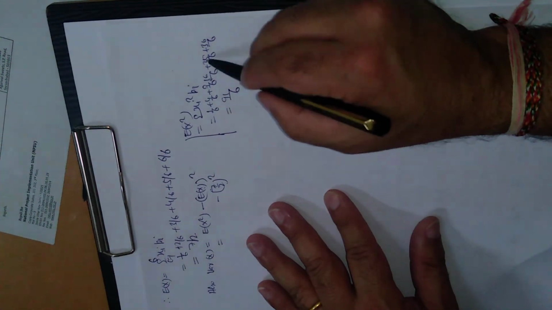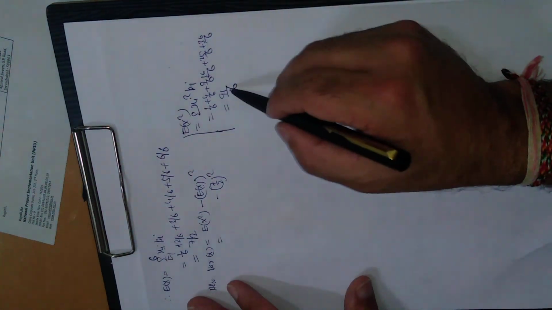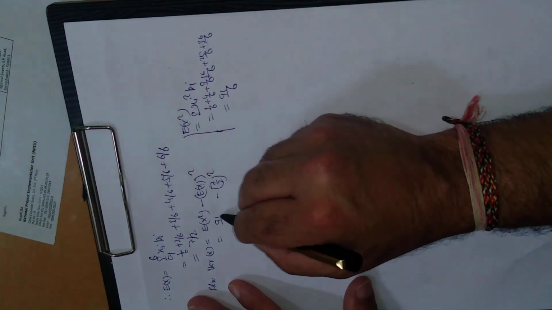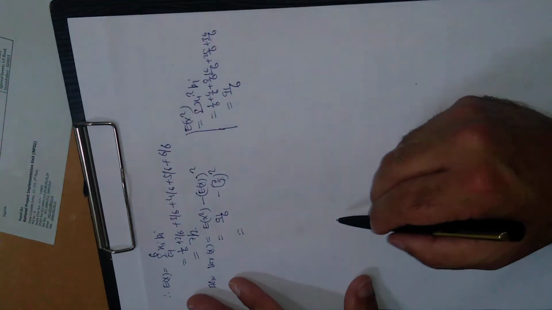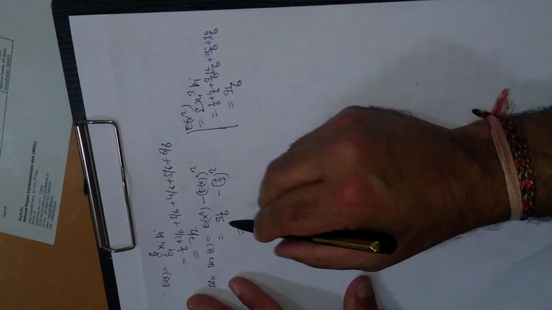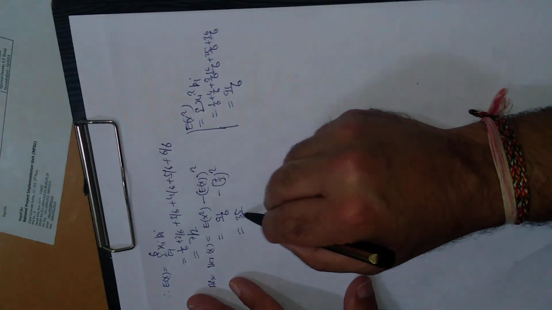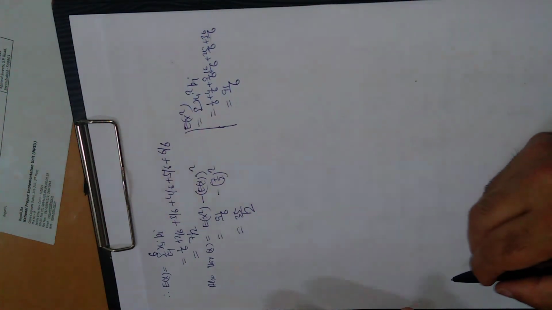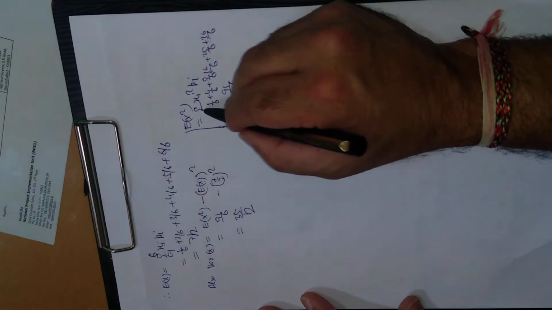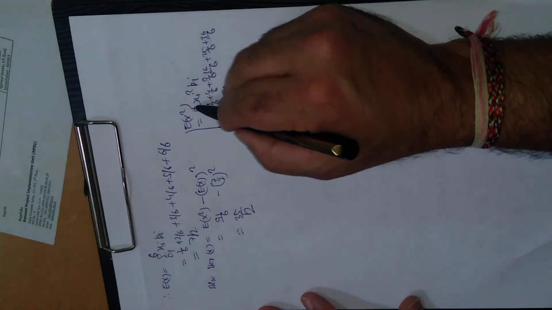We have already evaluated this sum, so write 91 upon 6 here, and on simplification the variance comes out to be 35 upon 12. Again, i is varying from 1 to 6.